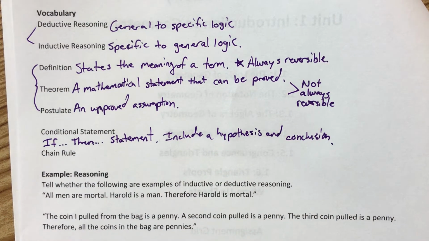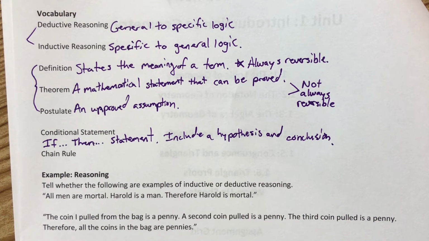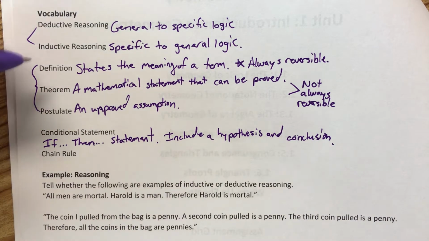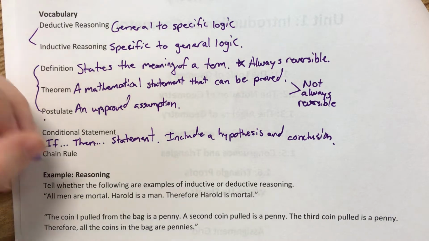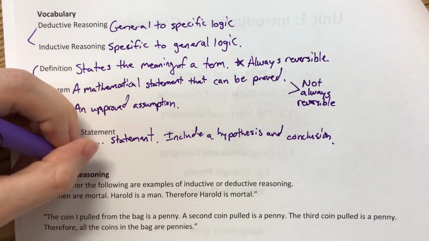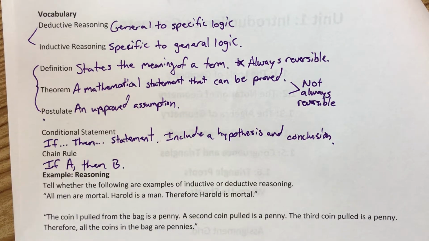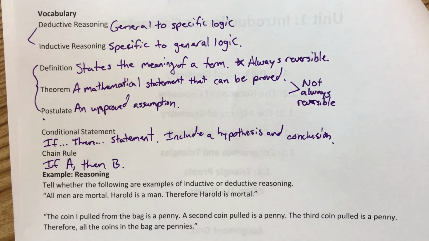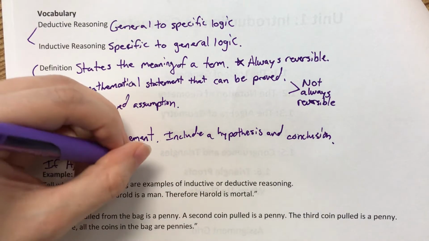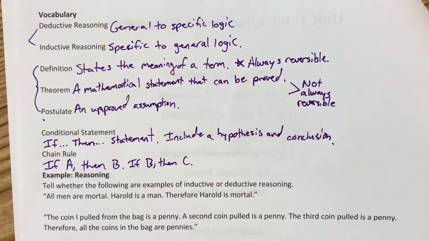And then finally, we've got the chain rule. The chain rule is one of the ways that we can link our conditional statements together. We'll write this in symbolic notation. If A, then B. If A happens, then B will happen. Another statement might be, if B, then C. If I study well, I will get good grades.